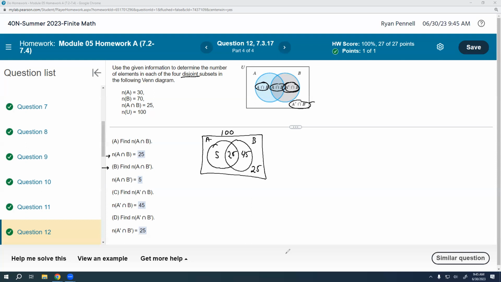That's like A minus B. That's just the number 5. And part C says find A complement intersect B. That's like B minus A. That's 45. And then find A complement intersect B complement. That's like the outside of them. We found that was 25. So it's all about just labeling your pieces. Not too bad.